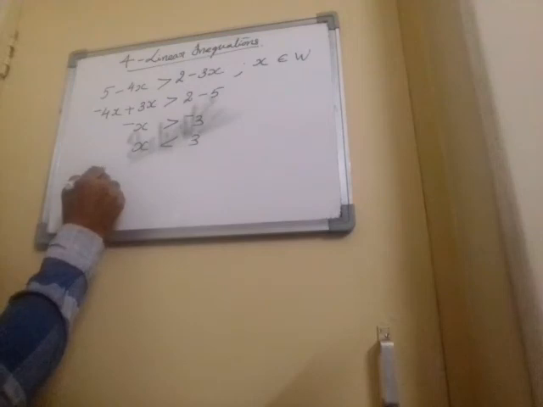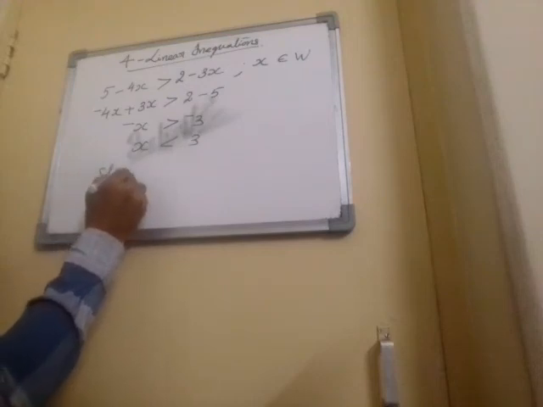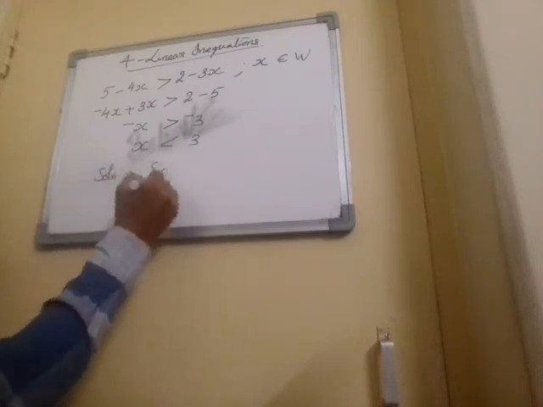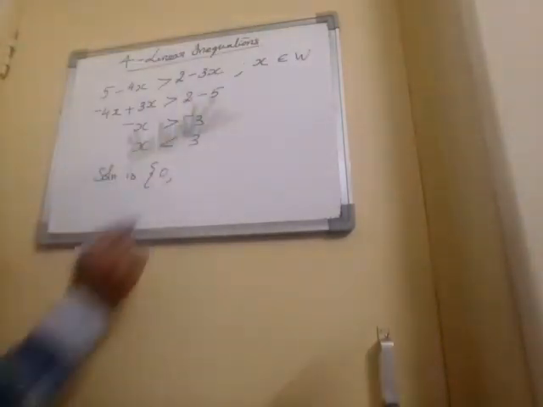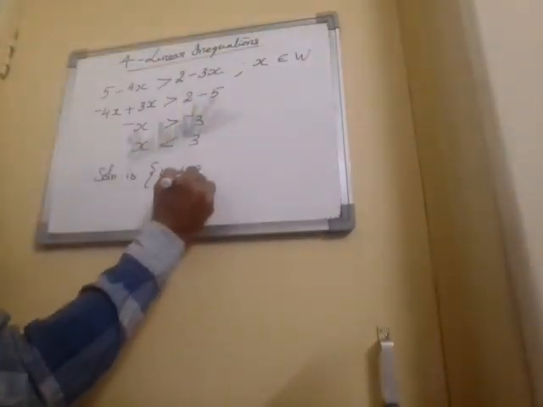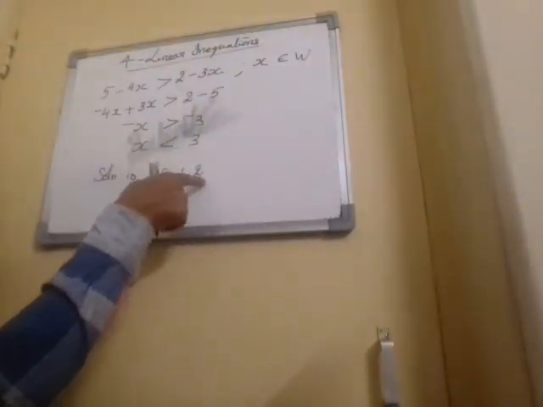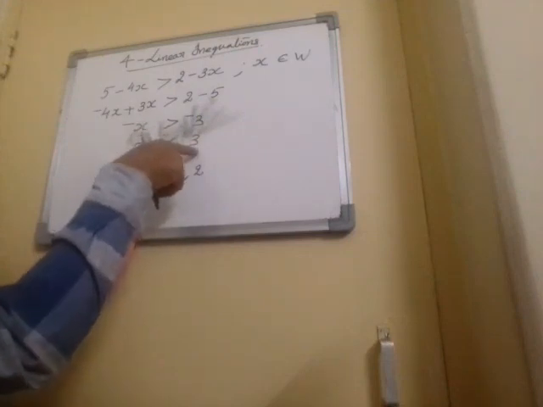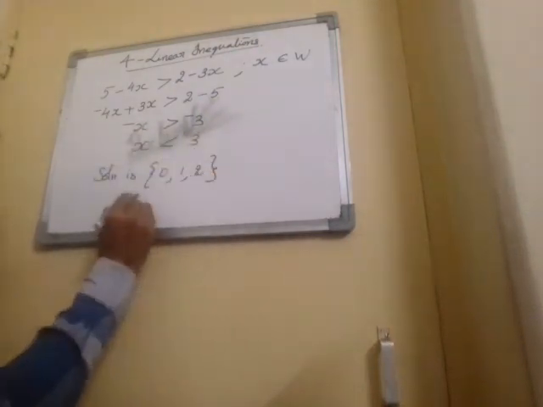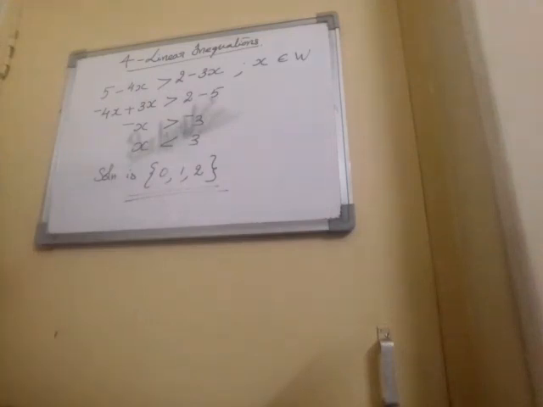So the solution is the set 0, because 0 is a whole number, 1, 2. We can't take 3 because x is less than 3. So we close it here. The final answer is the set 0, 1, 2.